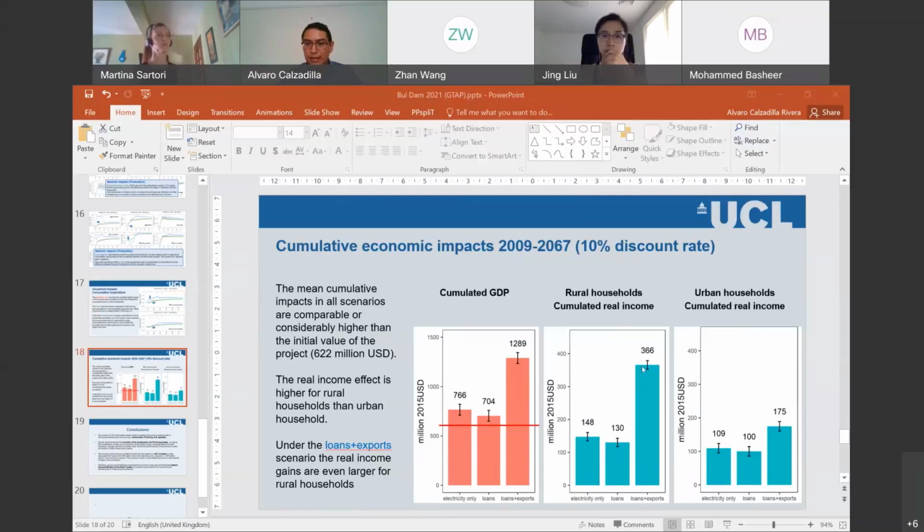And for that reason, the income and the expenditure of the rural households increase. And we can see here that the increase is very evident when we contrast this with the income of the rural households in this scenario, where we include the cocoa exports to China.